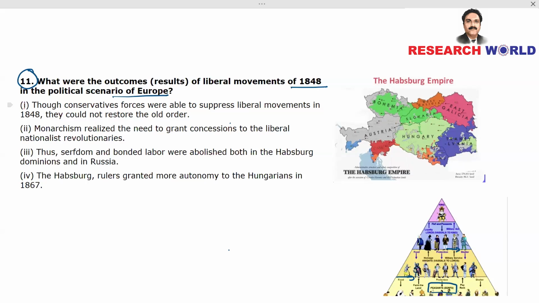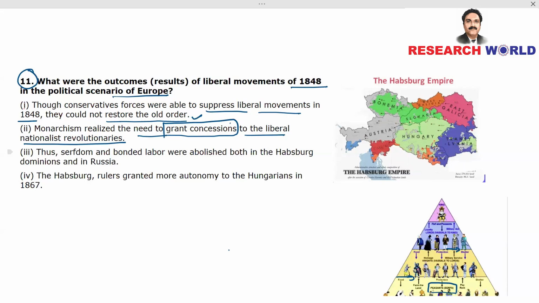Though conservative forces were able to suppress liberal movements in 1848, they could not restore the old order. That is point number one. Monarchism realized the need to grant concessions to the liberal nationalist revolutionaries.